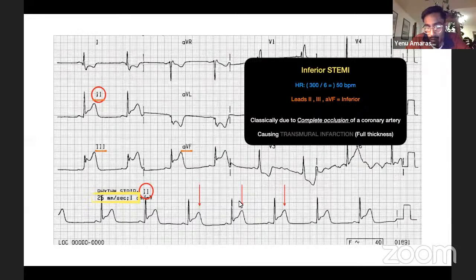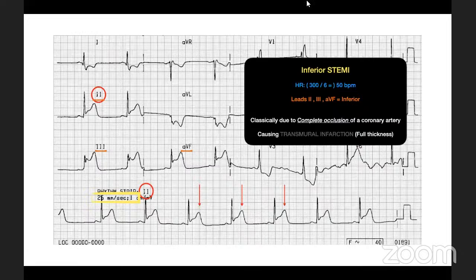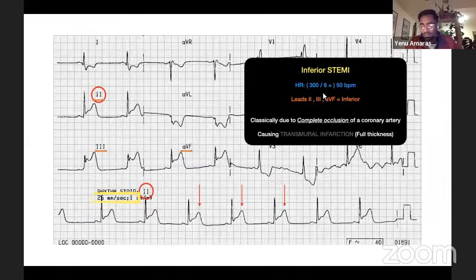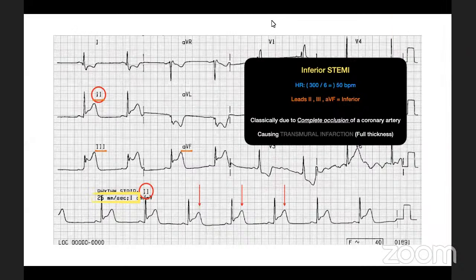The next one will be 1, 2, 3, 4, 5, and 6. So it'll be 6 there. And then say we use this one, it'll be 1, 2, 3, 4, 5, and 6. So generally, it's 6 large boxes. If it's more clear, we calculate from there.